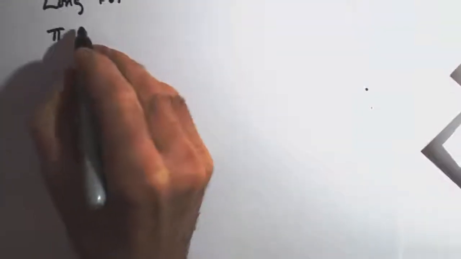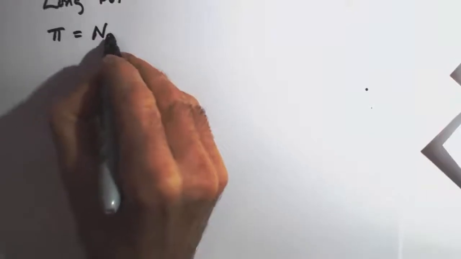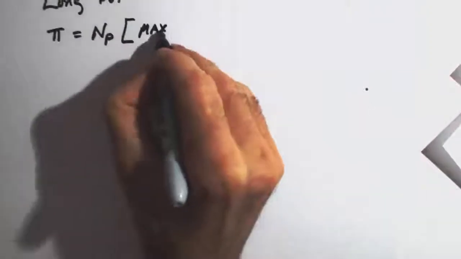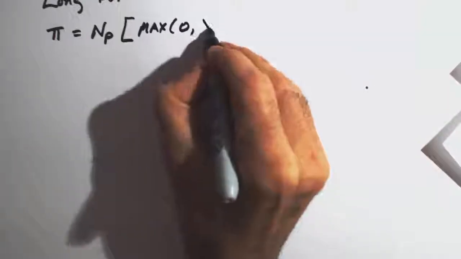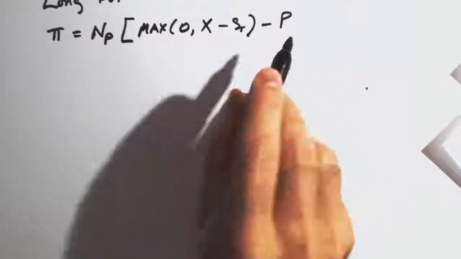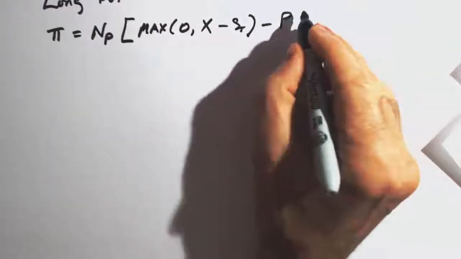Okay, the formula generically is the profit equals the number of puts times the payoff, X minus ST, minus the put price that we pay.